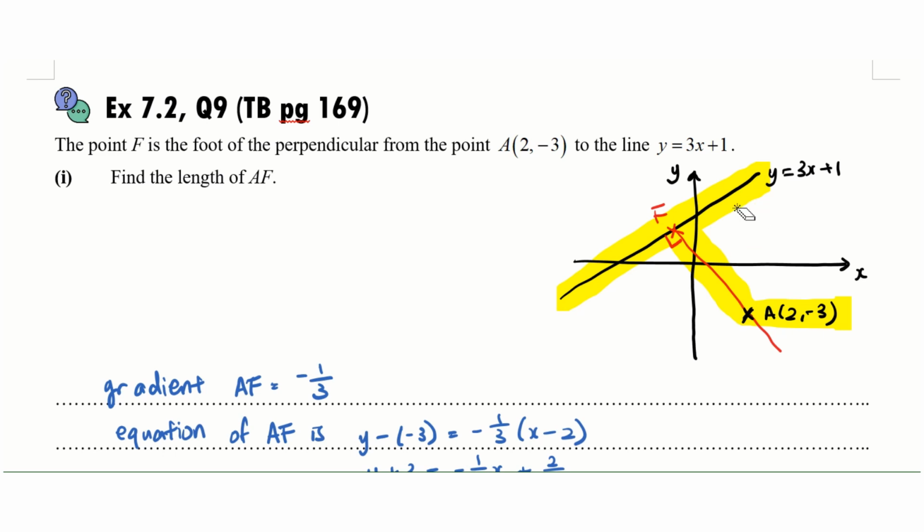To find the length of AF, I will definitely need the coordinates of F. But in order for me to know the coordinates of F, let me just redraw the line back.